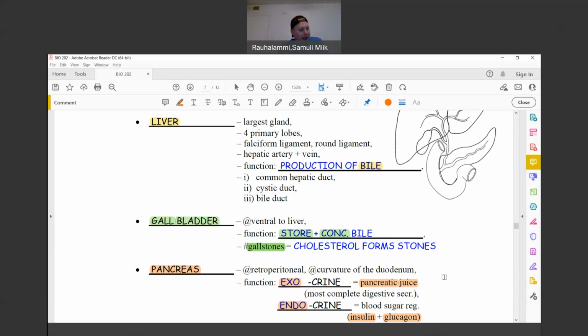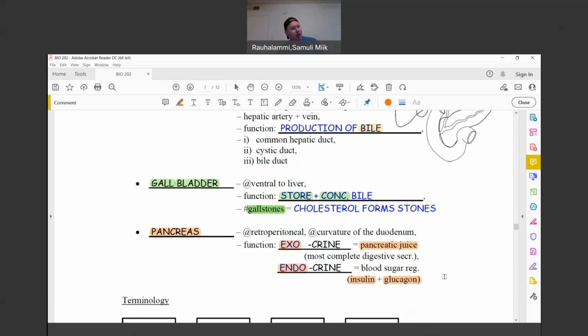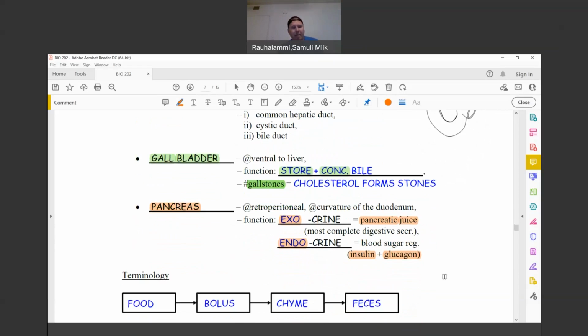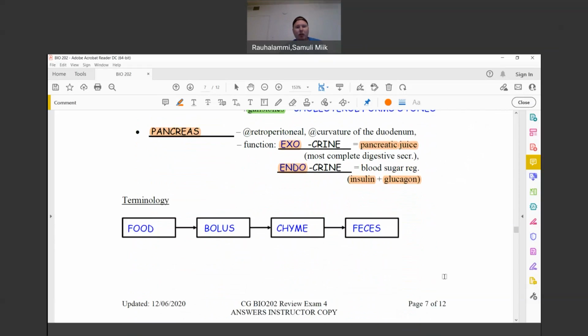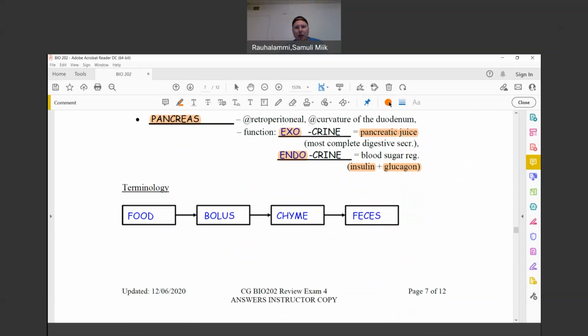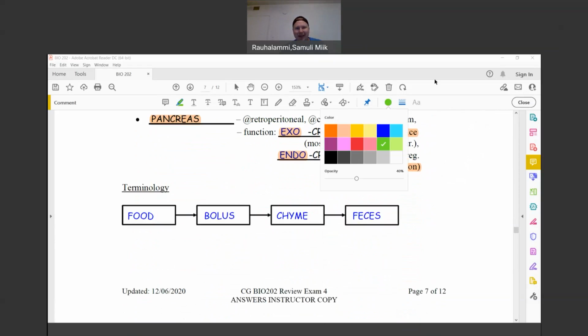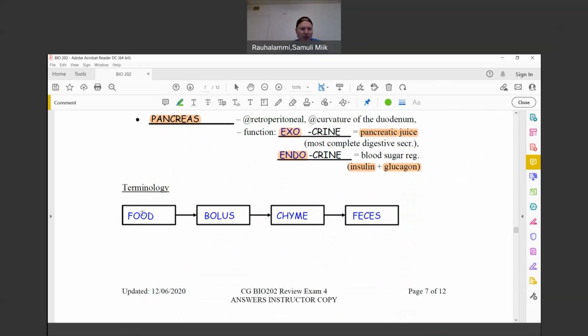So to wrap up everything about the digestive system, I want to remind us about these terms. What terms do we use? What are the terms that we talk about? So you do eat food, but once food enters the mouth and gets mechanically broken down, crushed, and mixed with saliva, now we start talking about bolus.